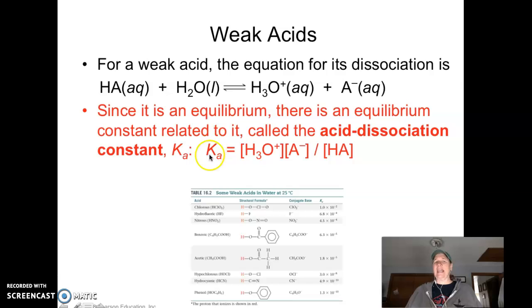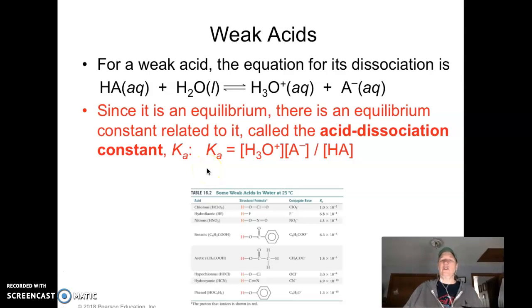And what it is, the Ka is the concentration of the hydronium ion times the concentration of the other ion that's involved, your conjugate base, divided by the concentration of your acid where you started. That's your equilibrium constant. They call it a Ka.